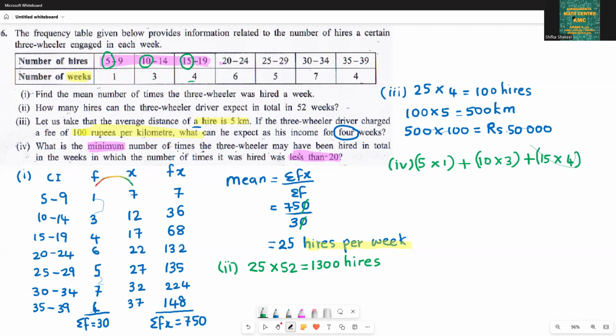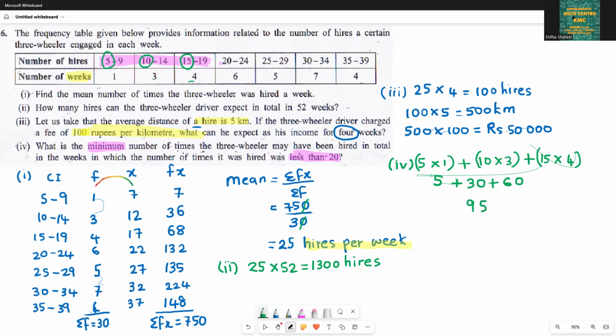So we multiply and add: 1 into 5, 5, plus 10 into 3, 30, plus 15 into 4, 60. 60 plus 30 is 90. 90 plus 5 is 95.